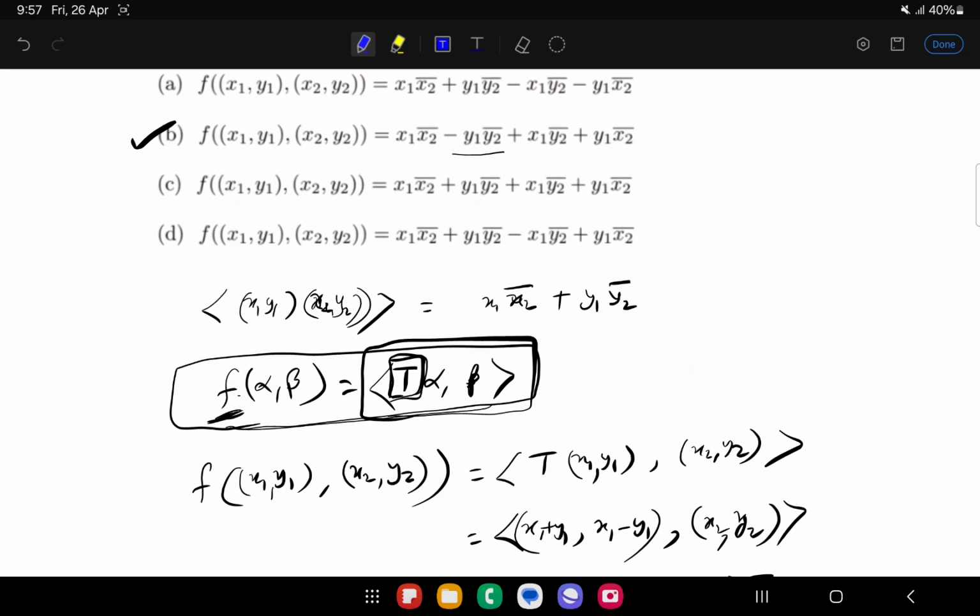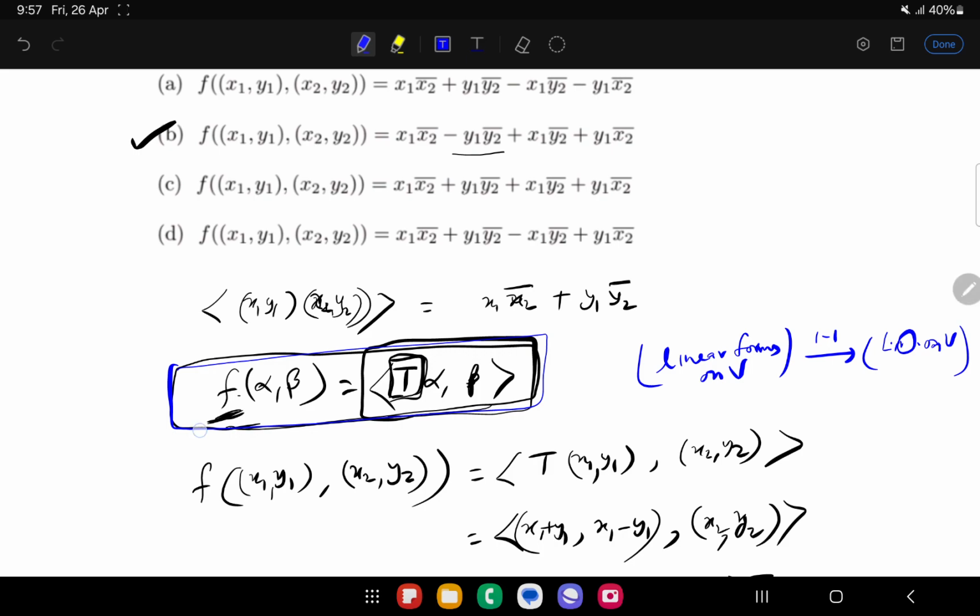So you remember this was one-to-one correspondence between sesquilinear forms on V, and here we have linear operators on V. Finite dimension vector space, V is finite inner product space. Okay.